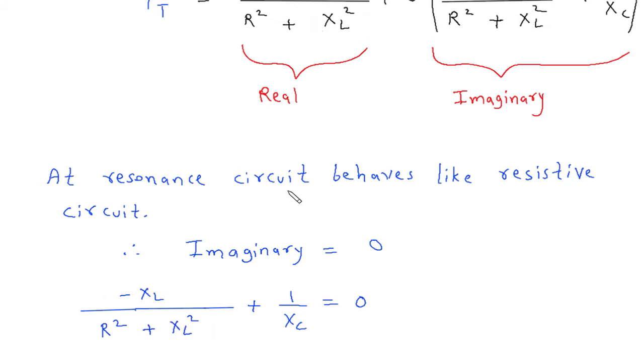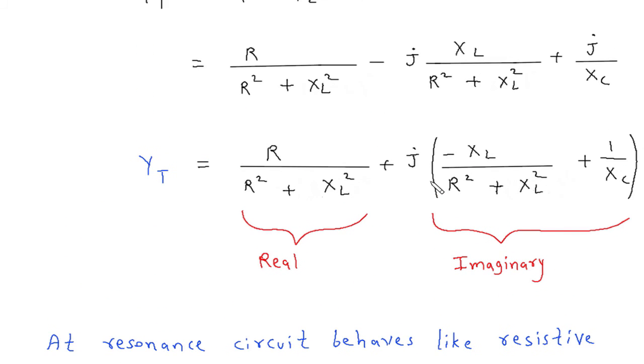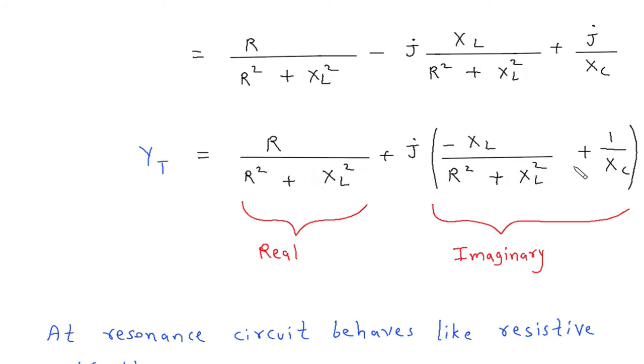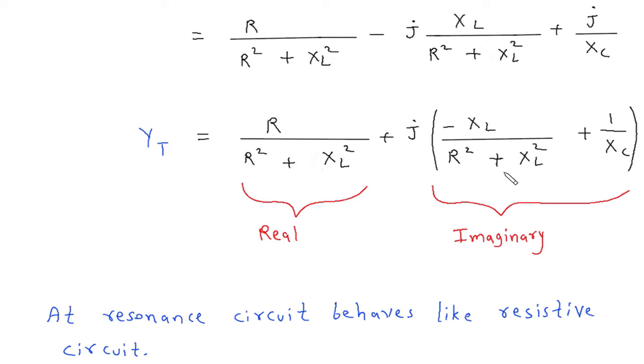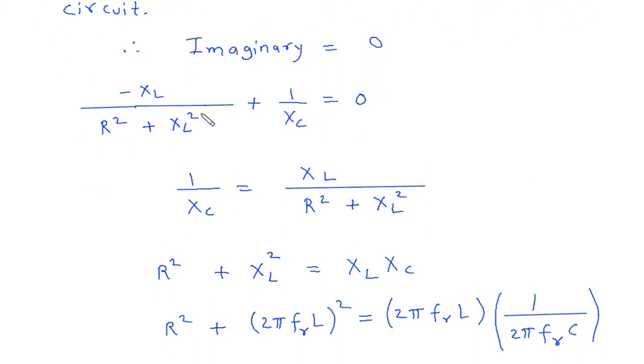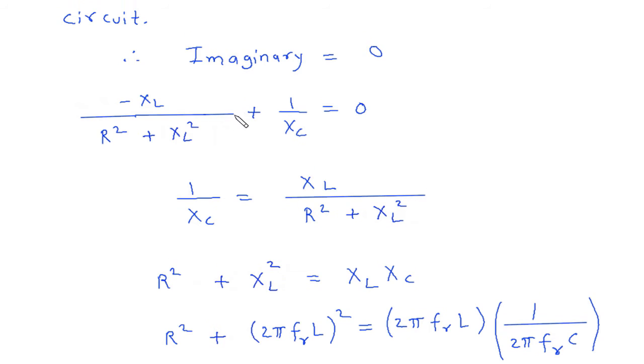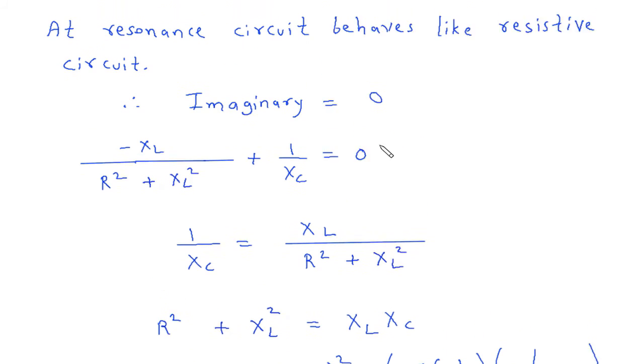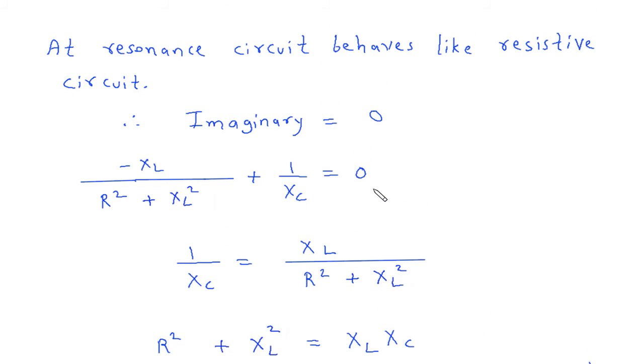Now at resonance, the circuit behaves like a resistive circuit and the imaginary part is equal to 0. So this imaginary part will be equal to 0 in the resonance condition. So we can equate it with 0. So this will be −XL/(R² + XL²) + 1/XC = 0.